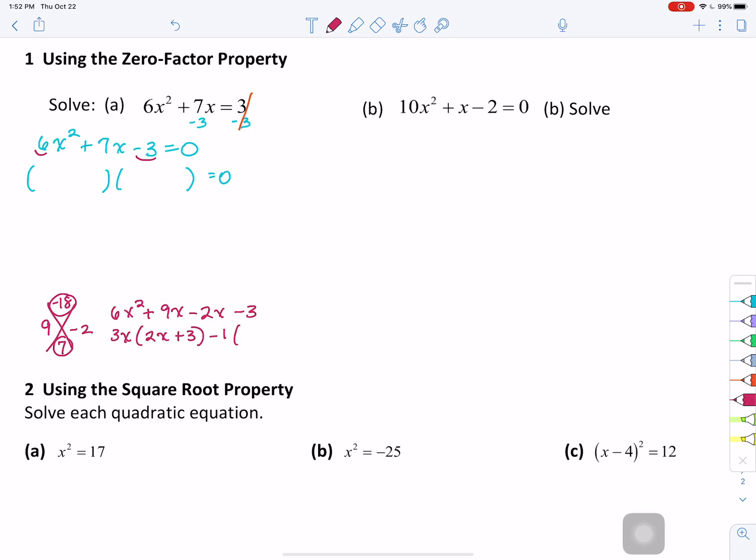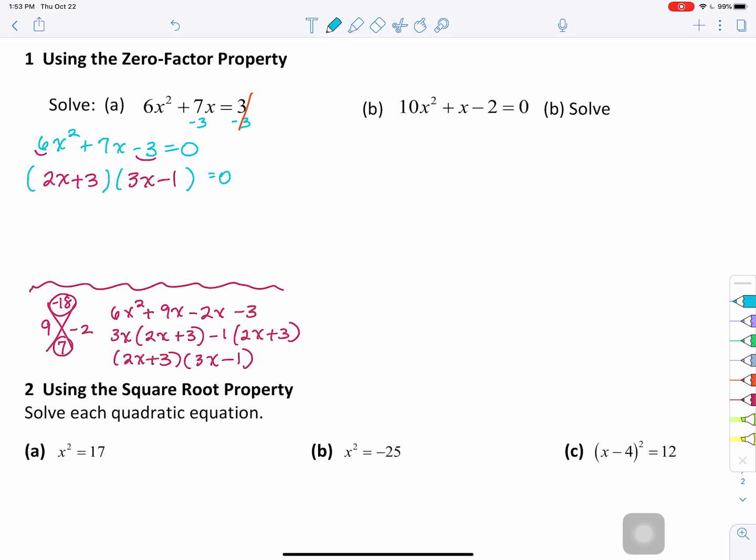I can even write that negative 1, 2x plus 3, and there we have our factored form. Let me write this other term first: 2x plus 3 multiplied by 3x minus 1. So that's what I'm going to put right in here. And that's really nice to have that factoring noted down there.